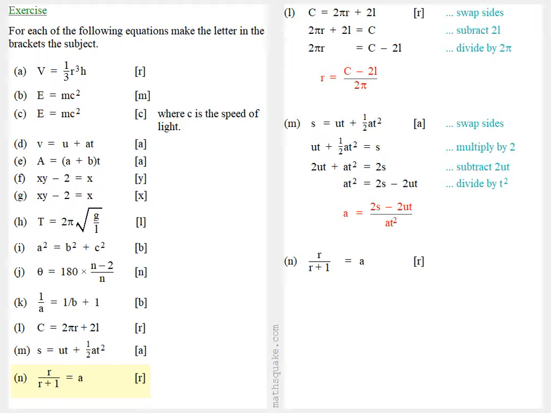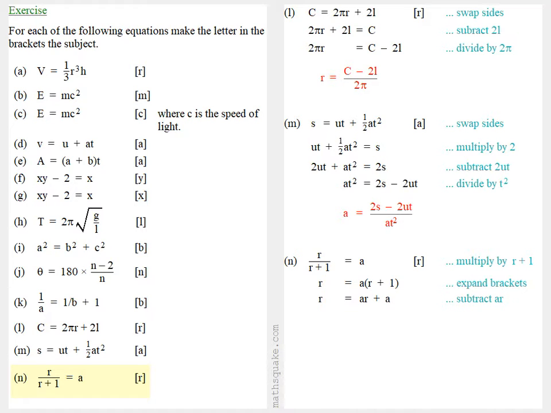And finally, in question N, we're given r over (r plus 1) equals a, and we are asked to make r the subject. So let's get rid of the fractions first by multiplying by r plus 1. And that gives us r equals a into (r plus 1). Now, let's expand the brackets, so r equals ar plus a.